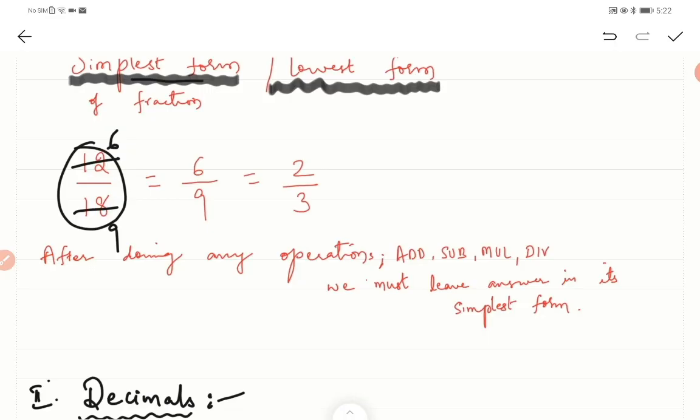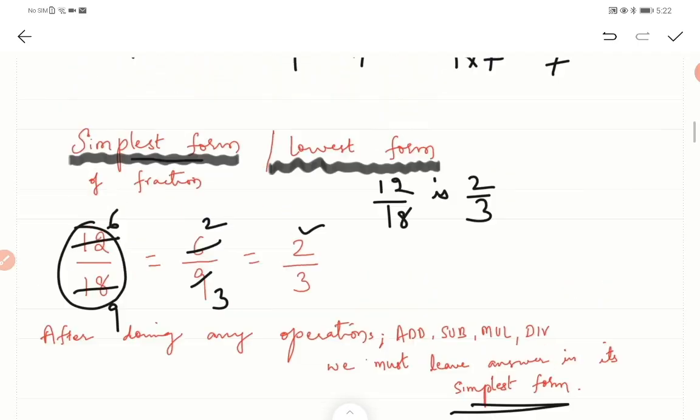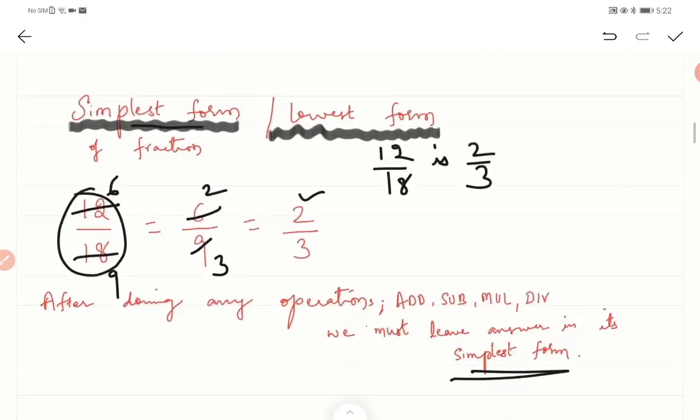Further, the 6 and 9 come in the 3 table, isn't it? So 3 twos are 6, 3 threes are 9. So your answer will be 2 by 3. So the simplest form of 12 by 18 is what? 2 by 3. So in any operations, when you do addition, subtraction, multiplication or division, you need to keep the answer in its simplest form. If you don't keep the answer in simplest form, you are going to lose your marks.